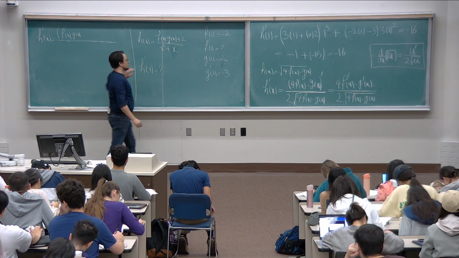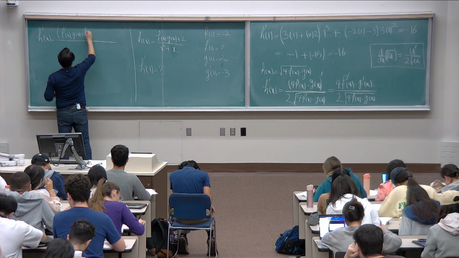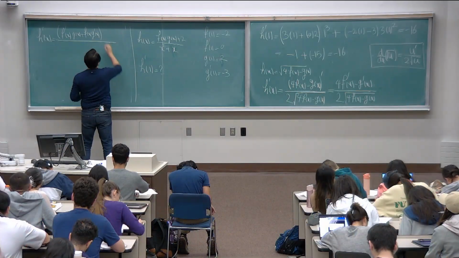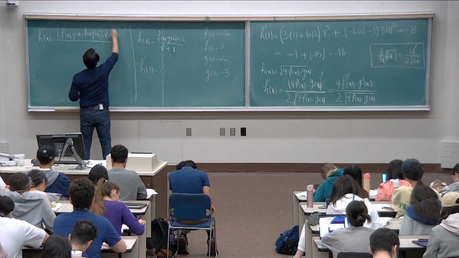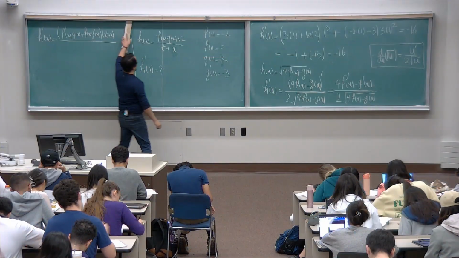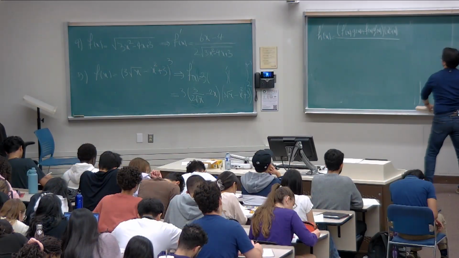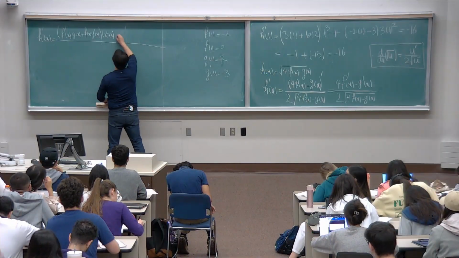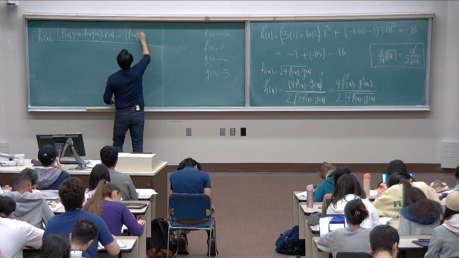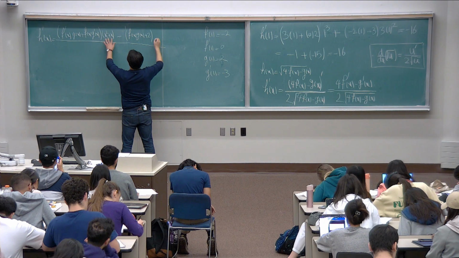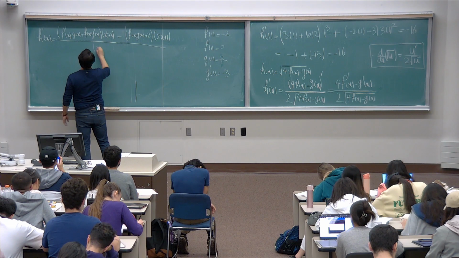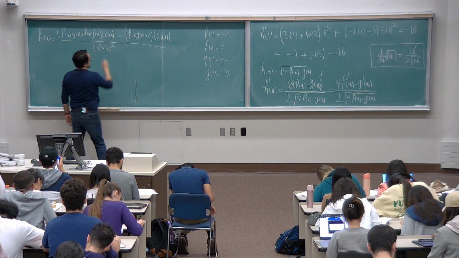This part is 0, so I get that times g prime x times the denominator, divided by, minus, f x g x plus 2 times the derivative of the denominator over the denominator squared.